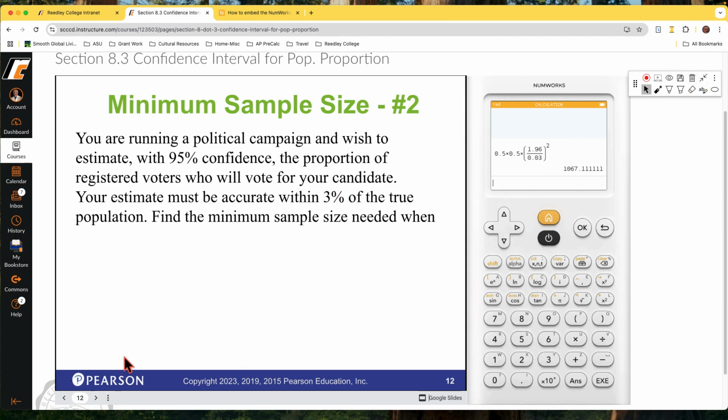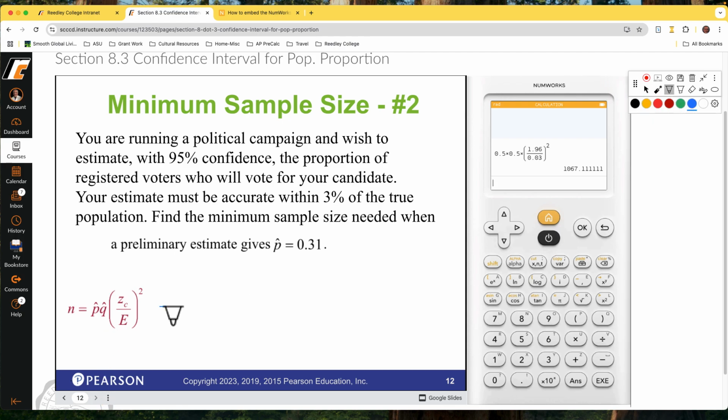Okay, and we'll run through this one more time. That's the example where they actually give us what p hat is. Somehow they had an estimate, maybe from the last surveys that went out. So again, we do the same thing. We start with the same formula, but this time we have our p hat. So we're going to have 0.31 for p hat, and that gets multiplied by q hat, which is 1 minus 0.31. So that's going to be 0.69.